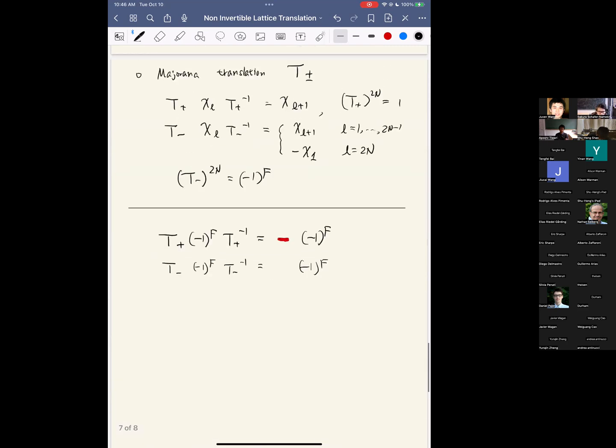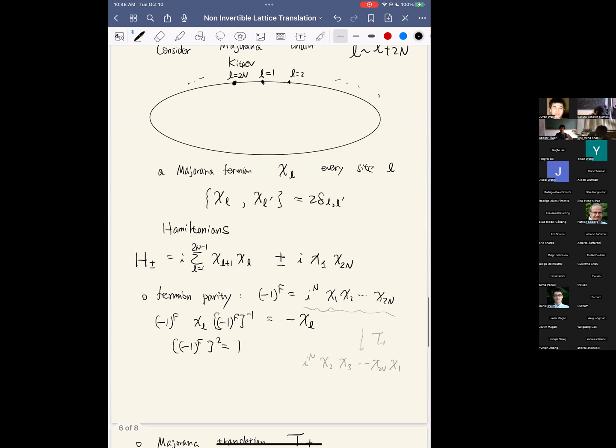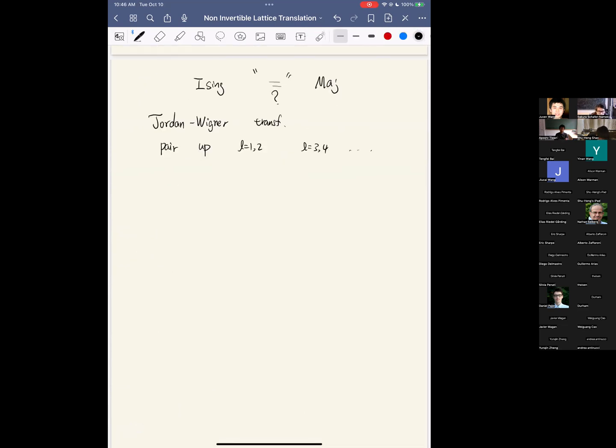Because here I assume there are even number of sites for simplicity, the pairing is perfect. And then for each pair, I can do the following change of variables. So the standard Jordan-Wigner transformation reads, it's probably the inverse Jordan-Wigner transformation.